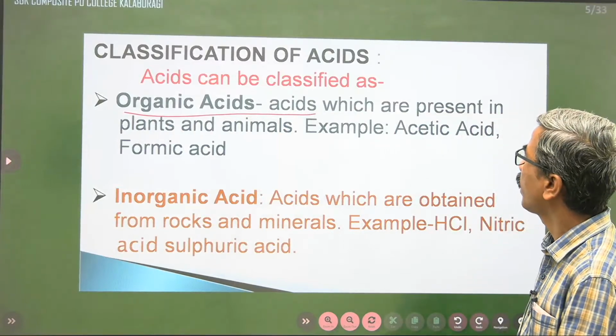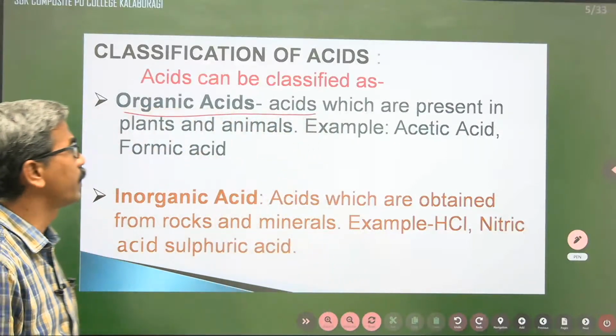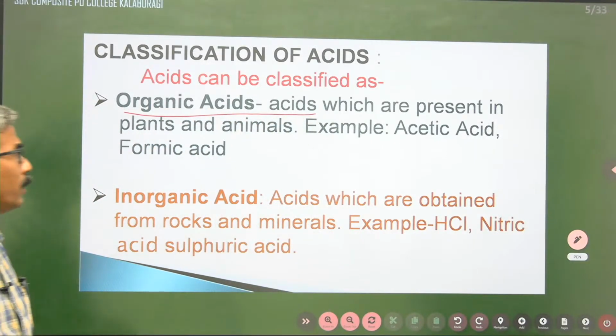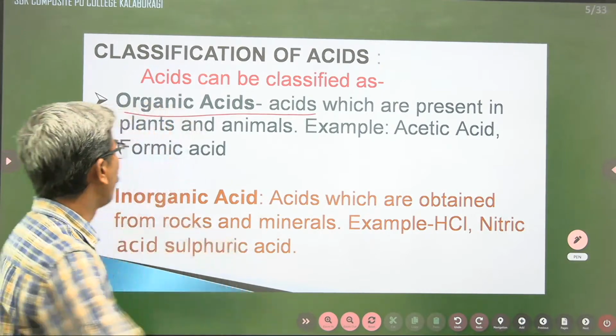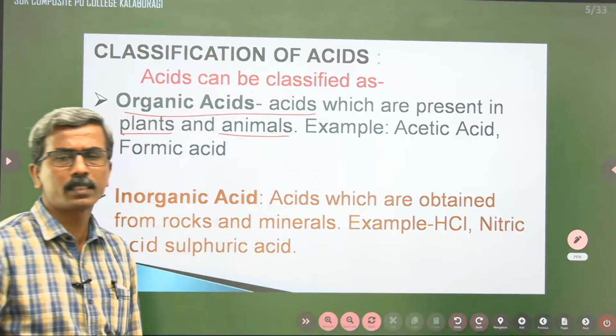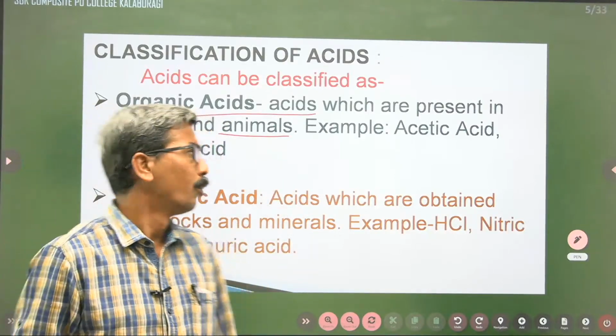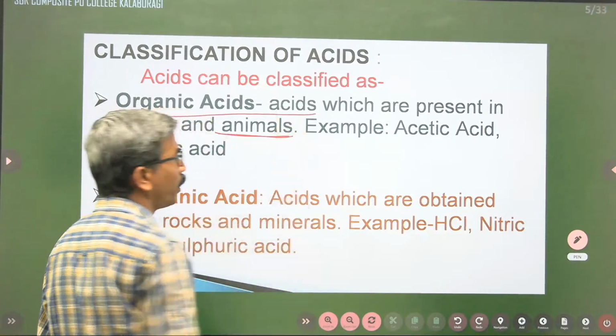Now, what are these organic acids? They are acids which are present in living things, in plants or animals. These are extracted or obtained from living things, either of plant origin or animal origin.